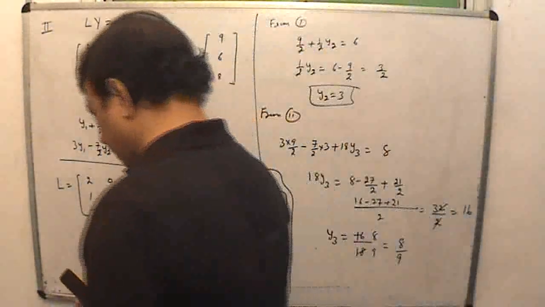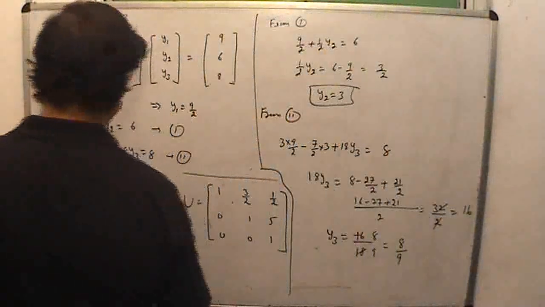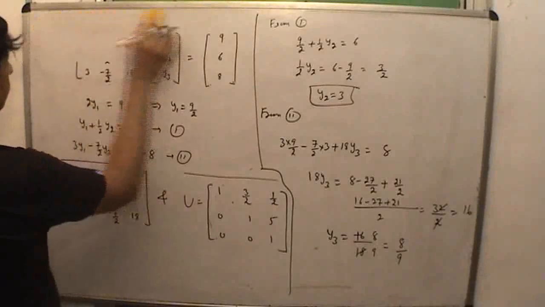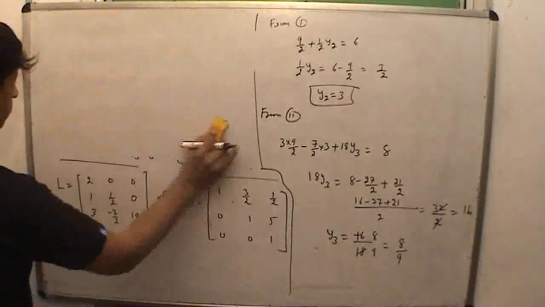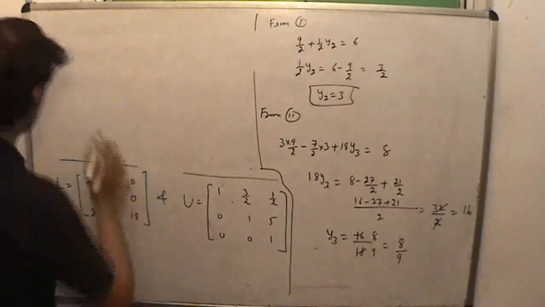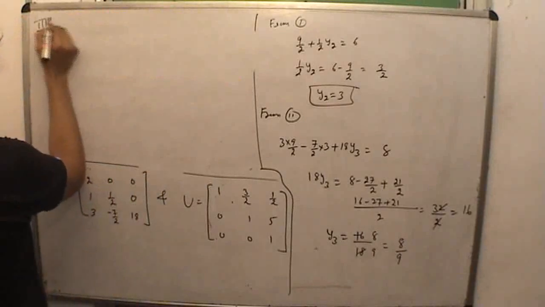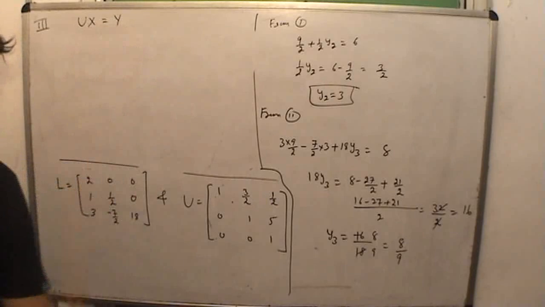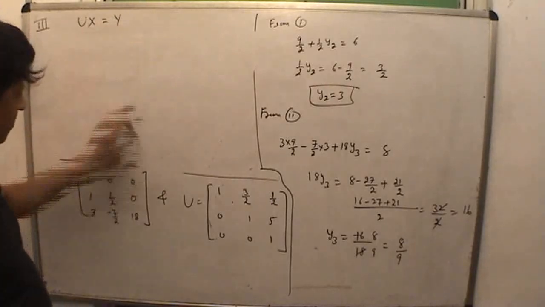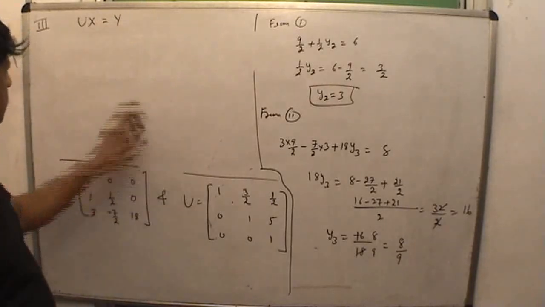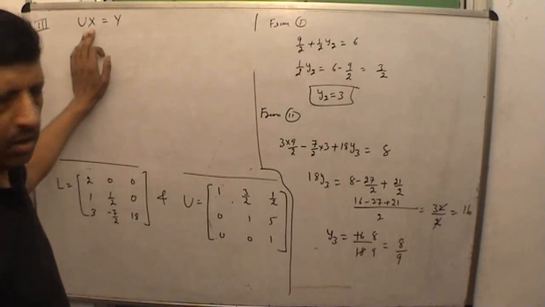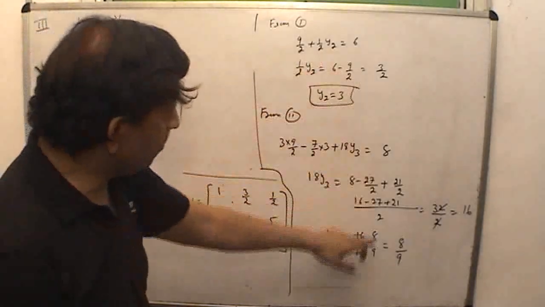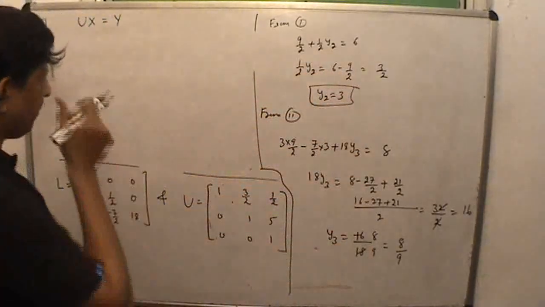Now it is the third step. Now the third step starts: U into x is equal to y. U is the upper triangular matrix, x is our requirement x, y, z, and y is what we calculated in the previous step.